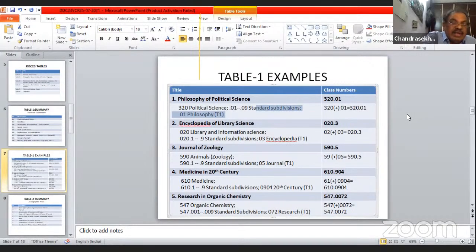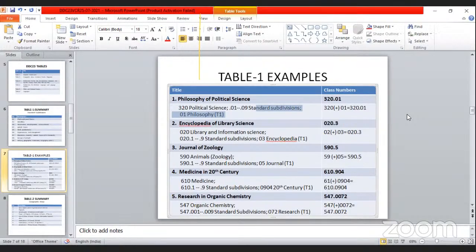So here he has put an extra 0. 0.001 to 0.009. He has put an extra 0, so we should also put an extra 0 here: 547.0072. So you got the point.